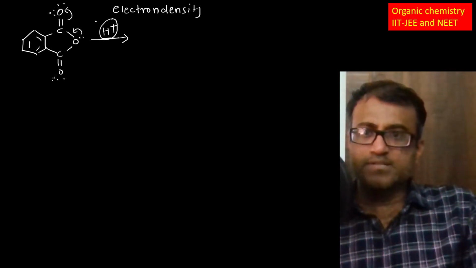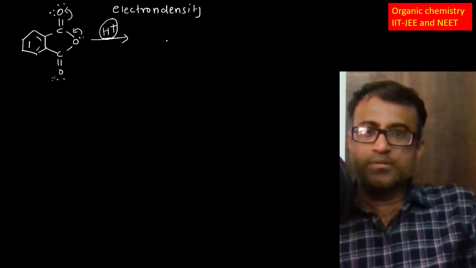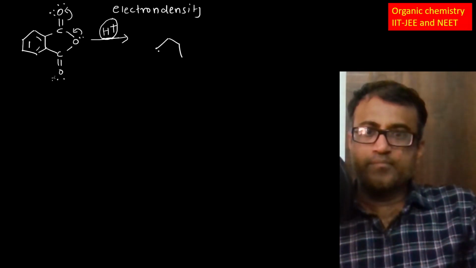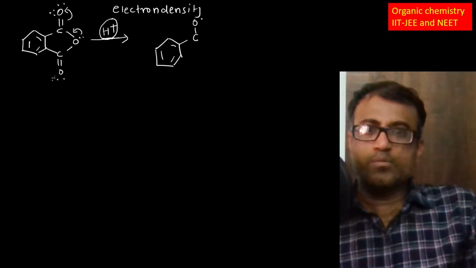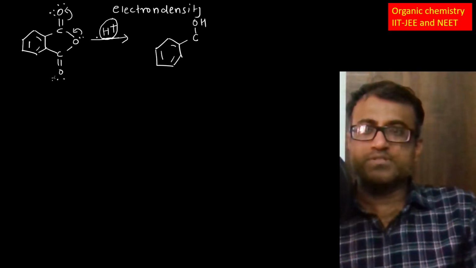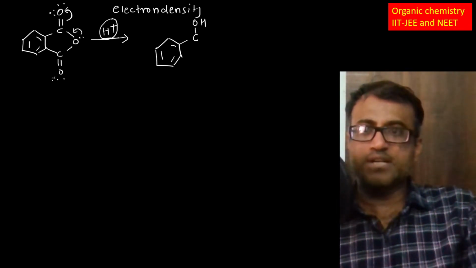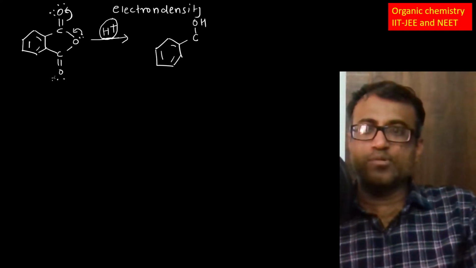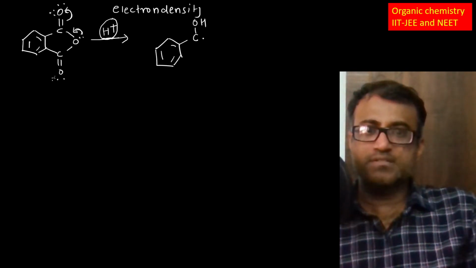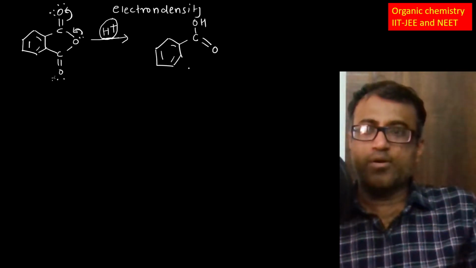So this H plus will attack first on this oxygen atom. This negative charge comes over here and this lone pair shifts here and double bond is formed in this carbon and oxygen.